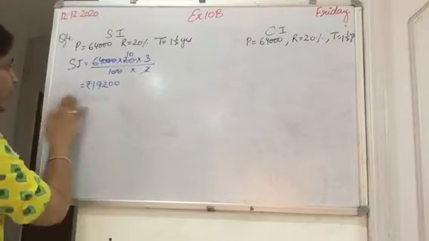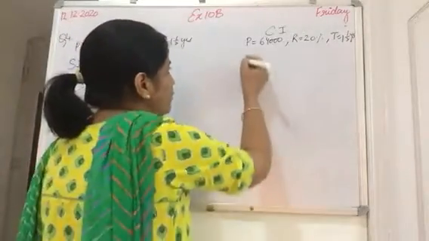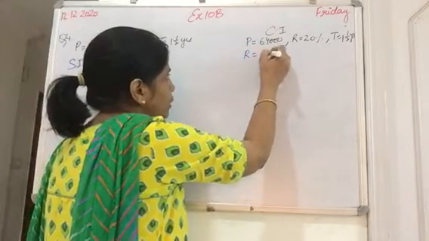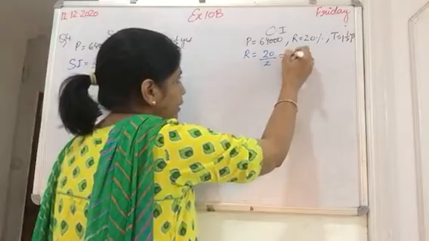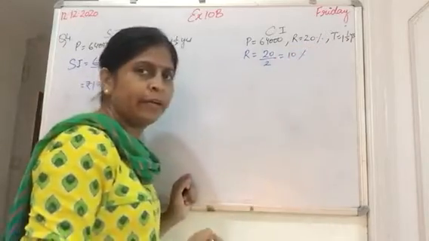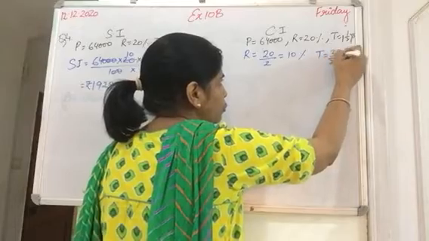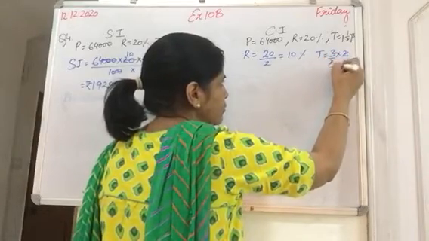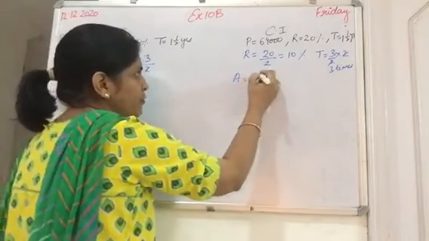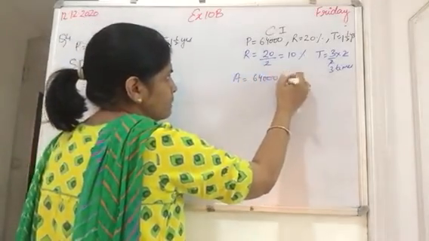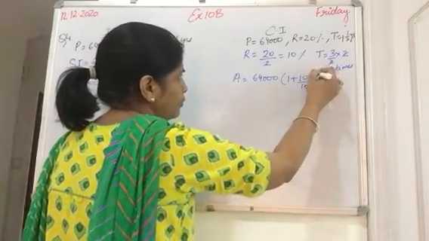Now we calculated here. Now semi-annually means the rate will be half. The rate will be 10% which will be implemented, and time will be 3 by 2 into 2, so it is 3 times. So let's calculate the amount: 64,000 into 1 plus 10 upon 100 to the power 3.